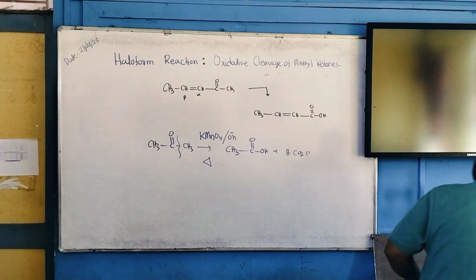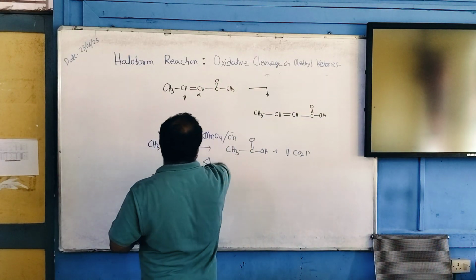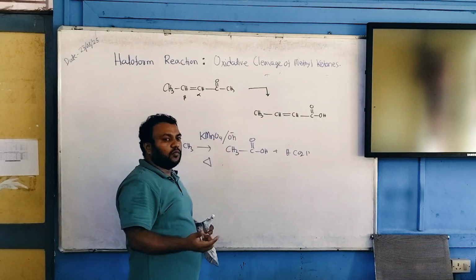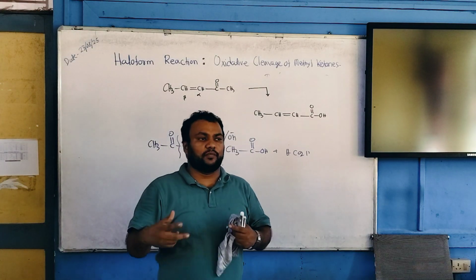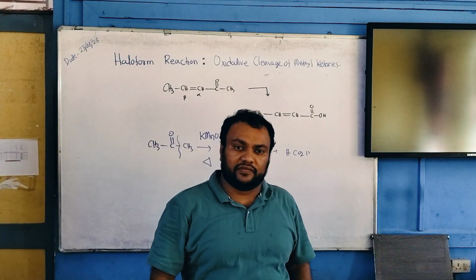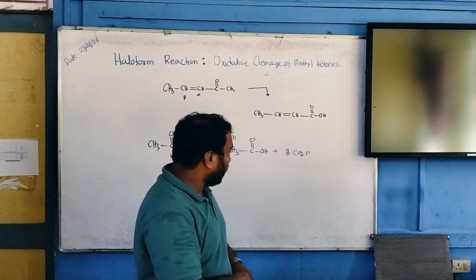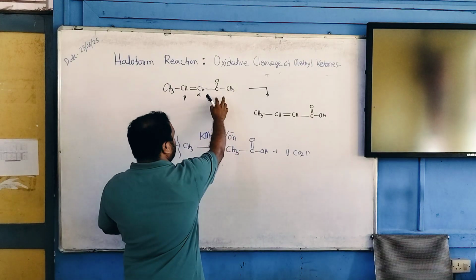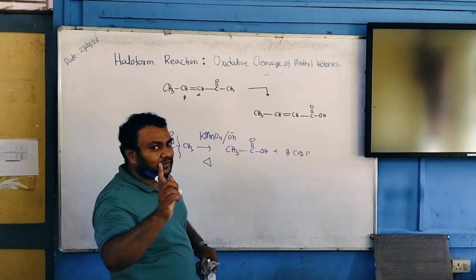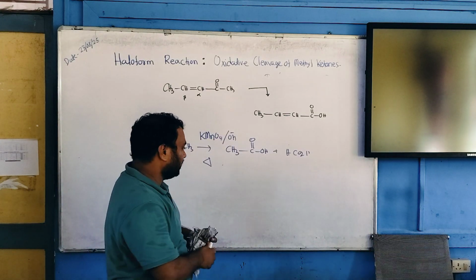Because there is a carbon-carbon double bond also. Under such condition, the carbon-carbon double bond undergoes oxidation. First you make diol, then it will undergo oxidative cleavage again. So the question is to oxidize this ketone but without hampering this double bond. That is difficult, again difficult, right?